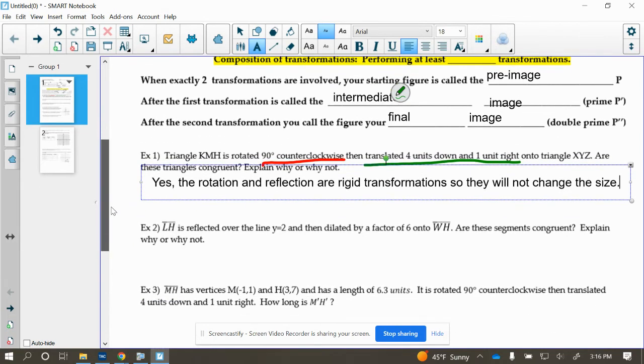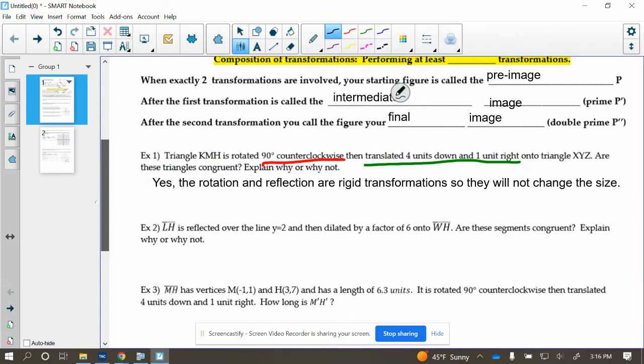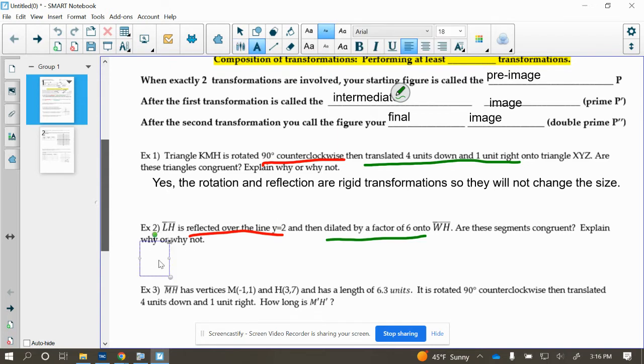Now in the next example, we have a reflection first of a segment and then we dilate it. Would these segments be congruent to each other? Well, the answer there is no. The dilation will change the size of our figure.